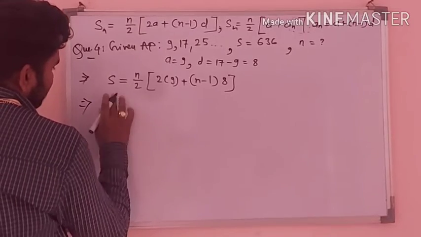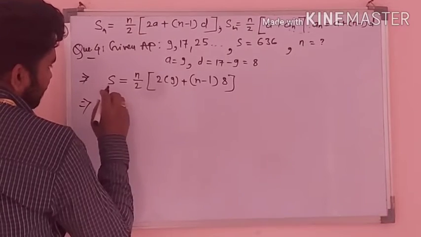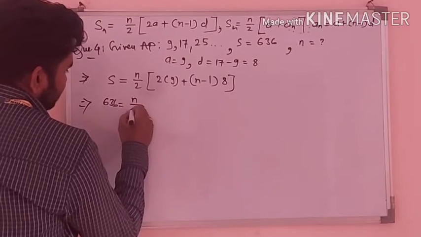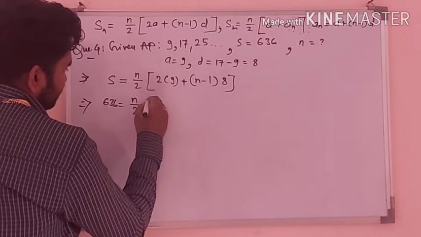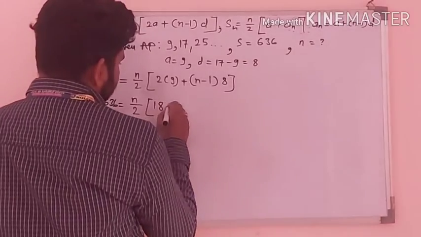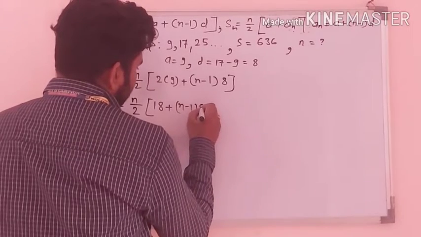S is equals to 636 is given, n is equals to, we will find out, n by 2, this one is 18 plus n minus 1, 8.